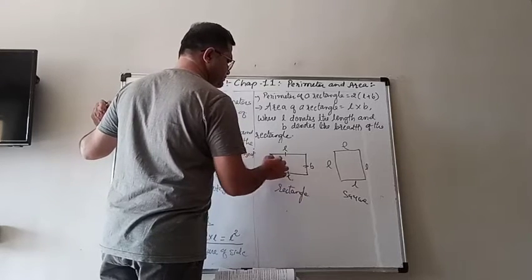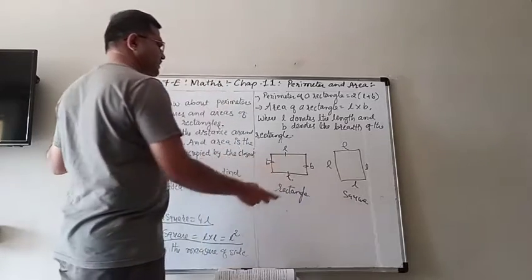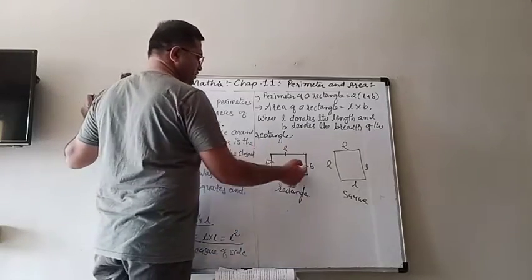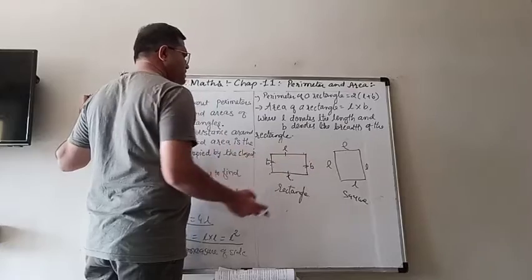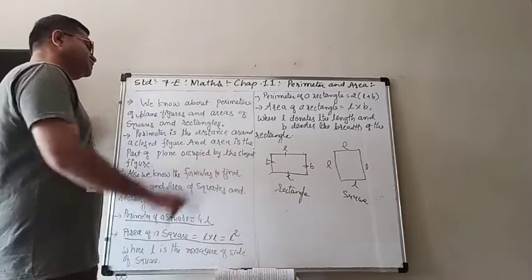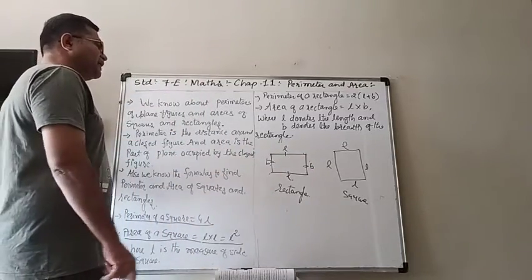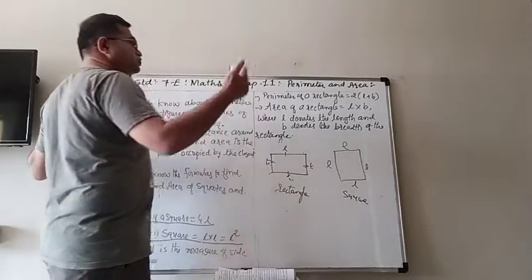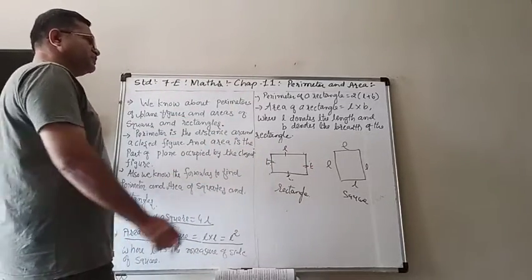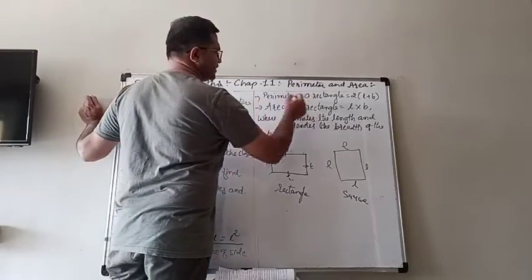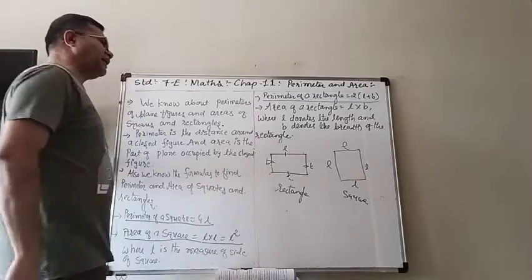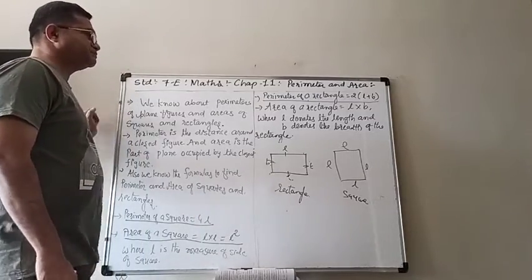So if we denote the longer side by length L, and the other side by B, breadth, then we get the formula of the perimeter: length plus breadth plus length plus breadth, which is 2 times. So the perimeter of a rectangle is equal to 2 times (L plus B).